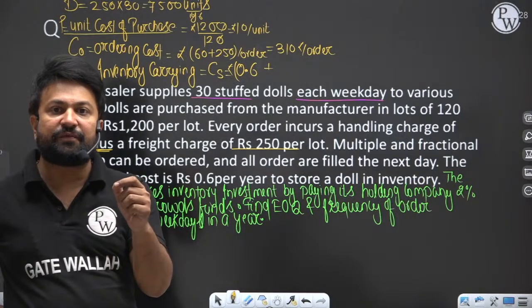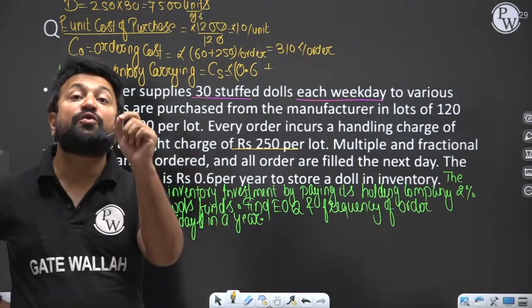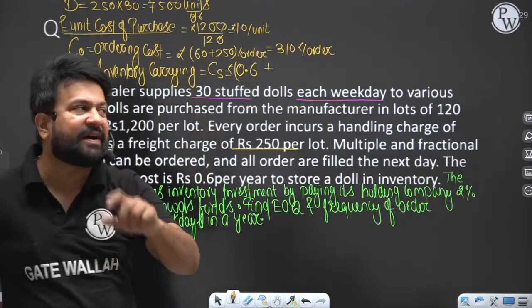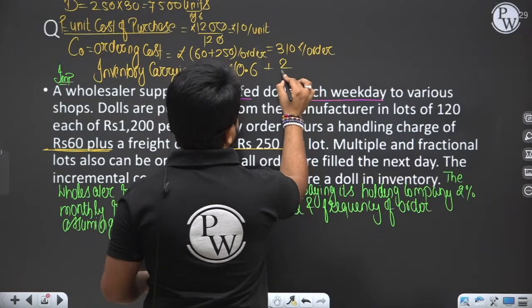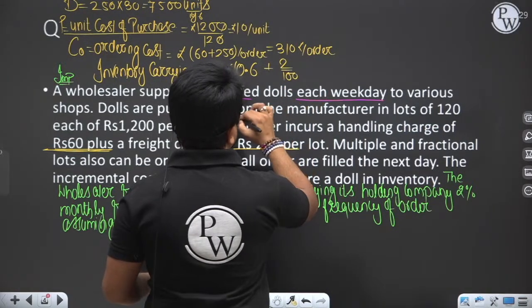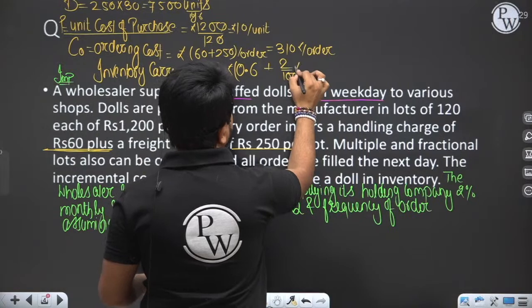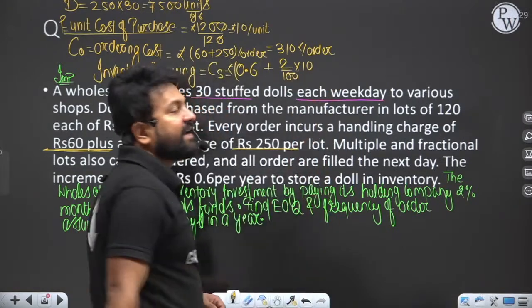Basically 2% of your purchasing price, that is 2 by 100 into the purchasing price, 10.